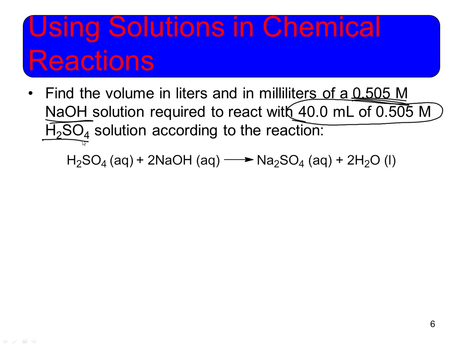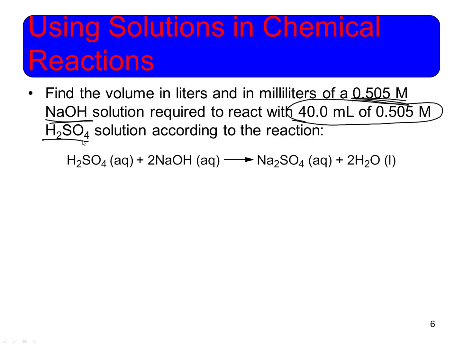This step is exactly what Anderson just said. Earlier we went from grams to moles, and now we aren't given grams. So we still need to get from the units we're given here to moles so that we can use our balanced equation to get to moles of what we're trying to find.